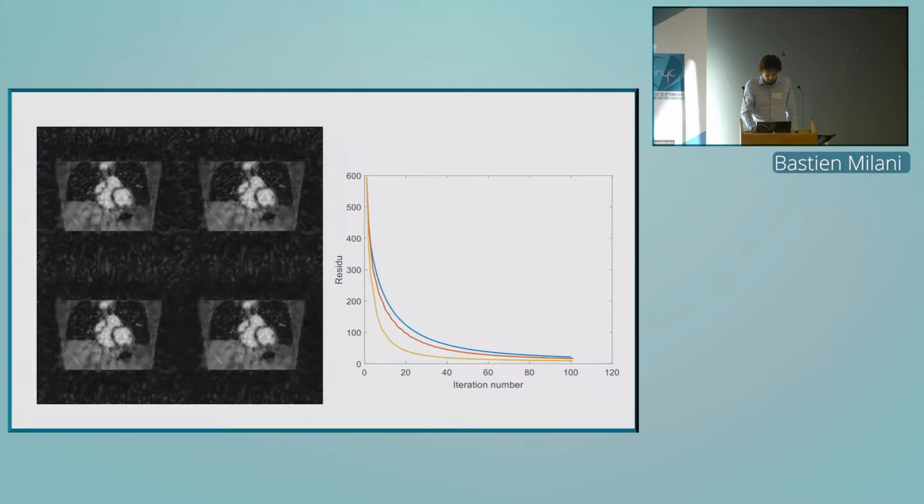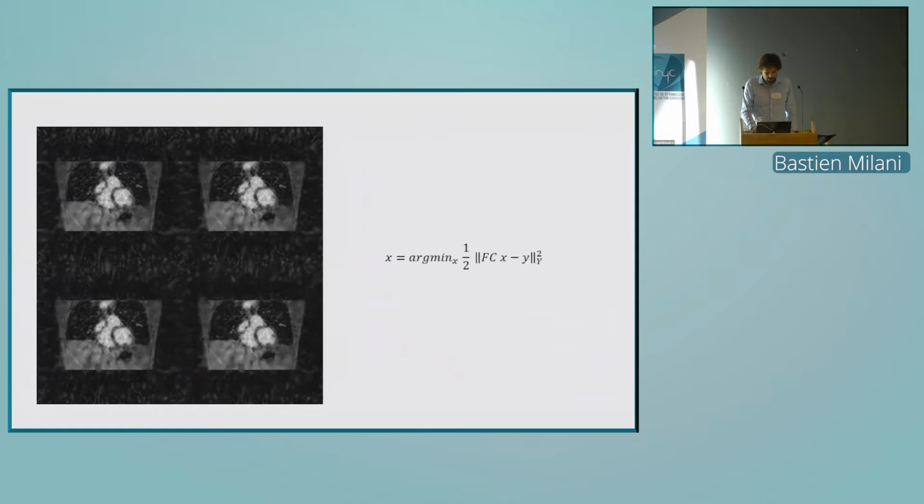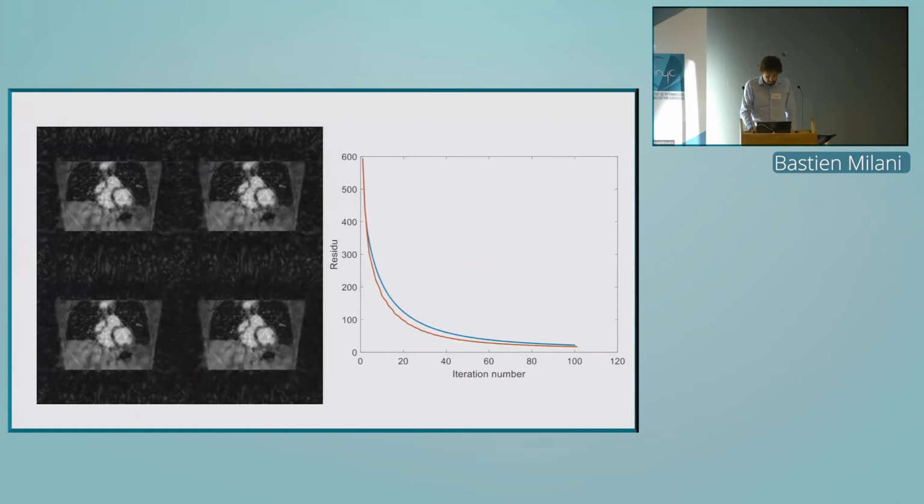The third one is a three-step gradient descent, and then you begin a new gradient descent. The fourth is three steps of conjugate gradient descent, then you begin a new conjugate gradient descent, and the one that converges faster is the conjugate gradient descent. That's the standard algorithm to solve this least-squares linear map problem.